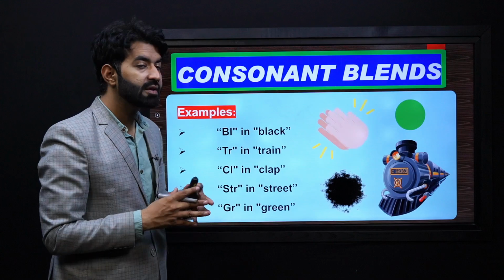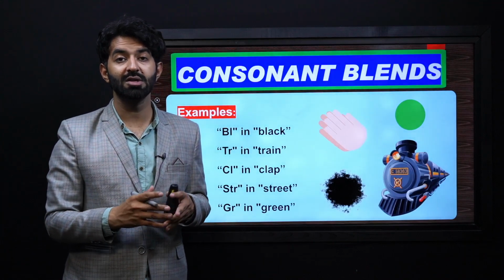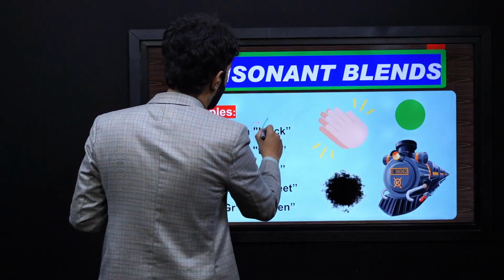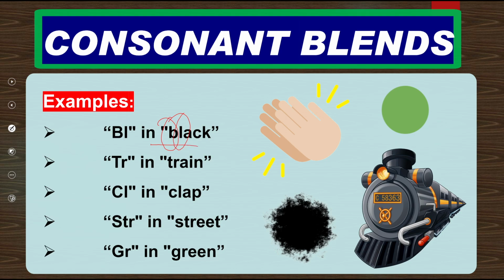Now, let's look at some examples. Let's take the word black. You know that B and L, both are consonants, hence we say the word black. We pronounce both these consonants in the pronunciation. Similarly, in the word train, both these are consonants.